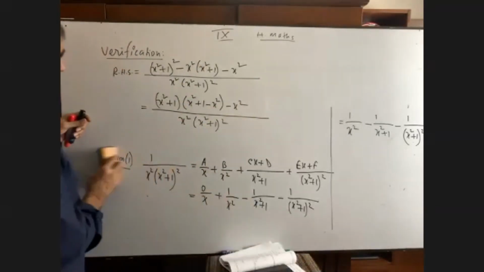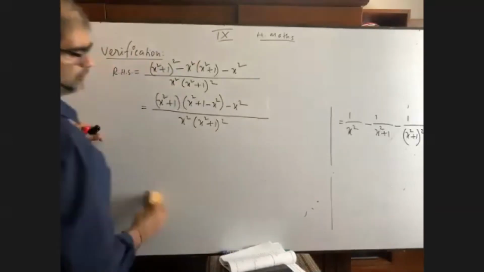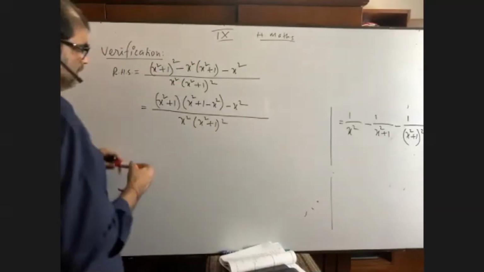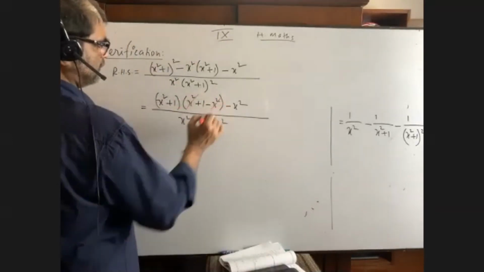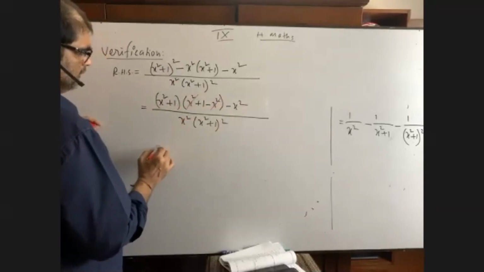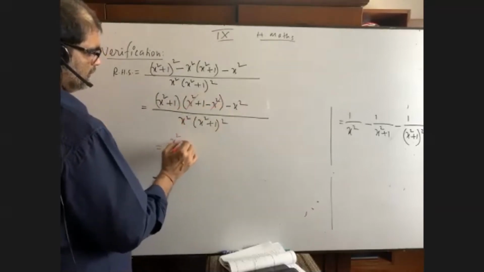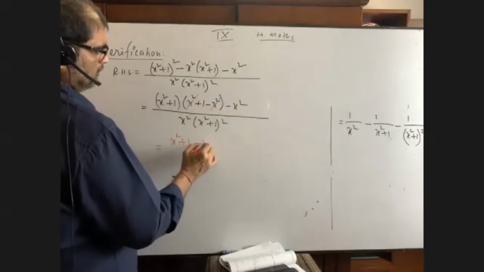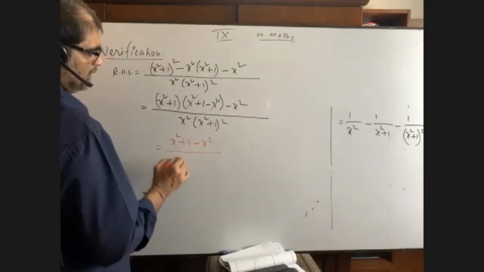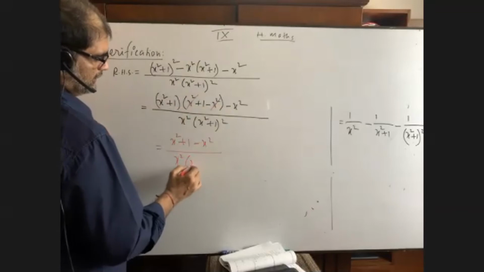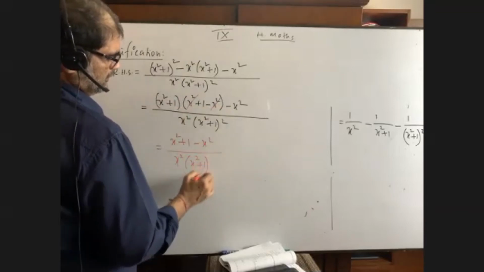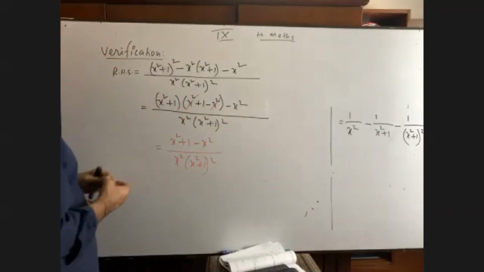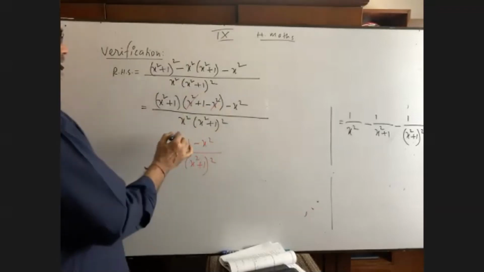And you see, we are left with here x square. That means x square plus 1 minus x square by x square into what comes next. This will be omitted.